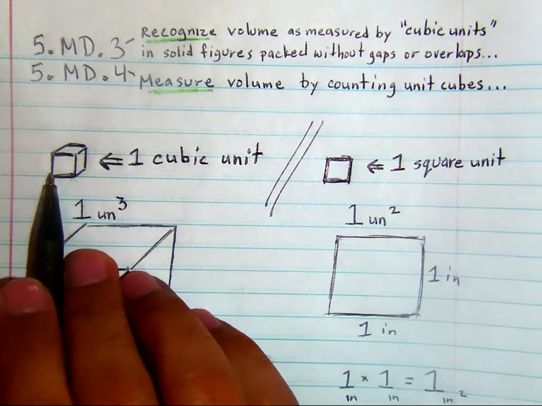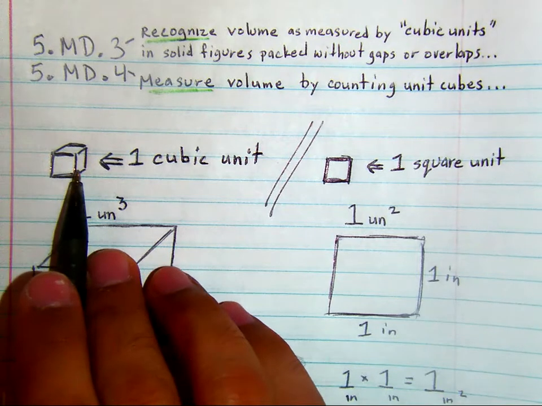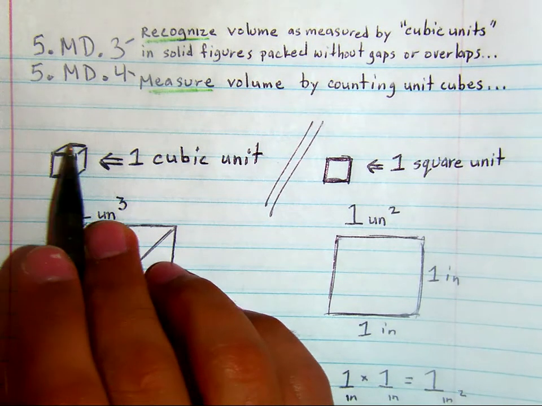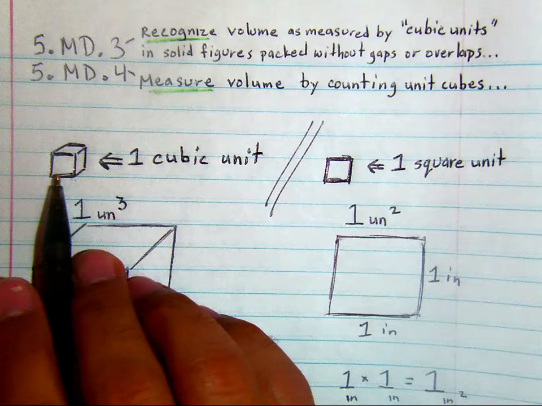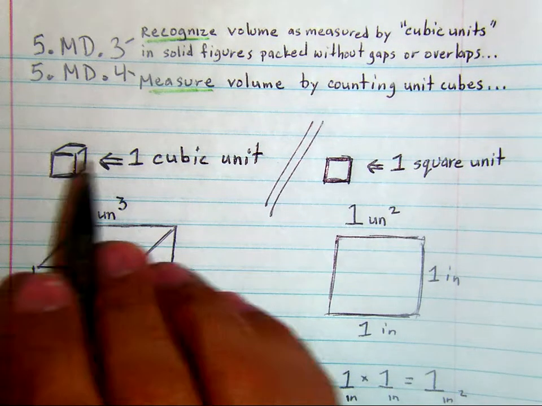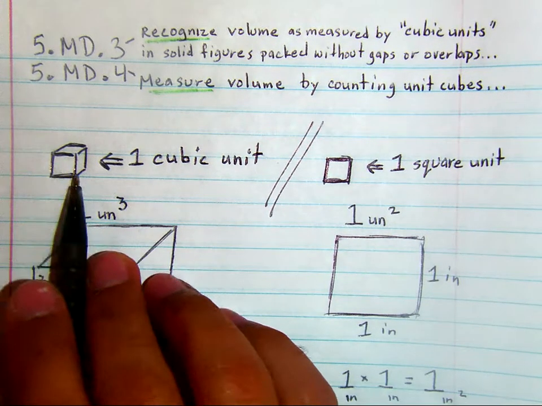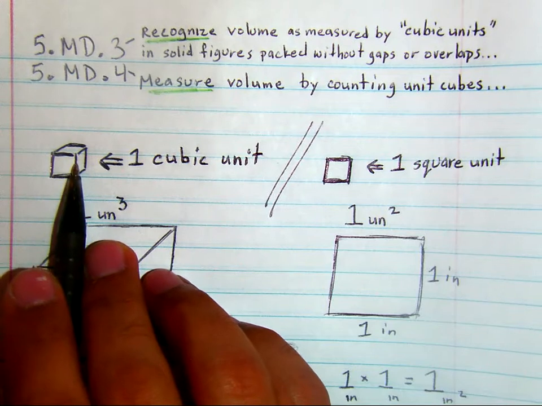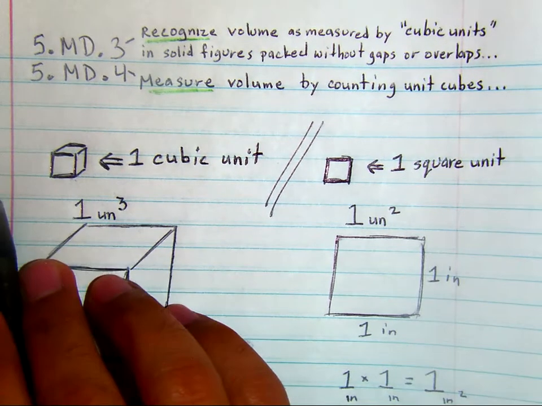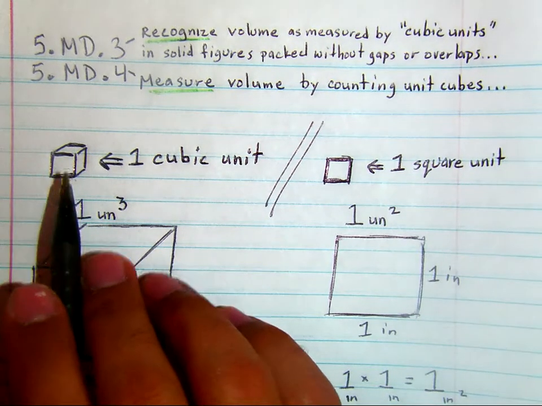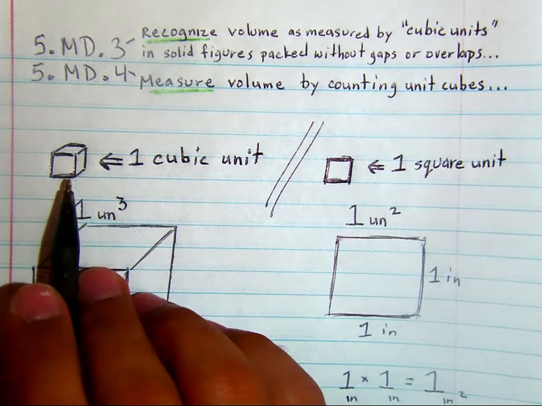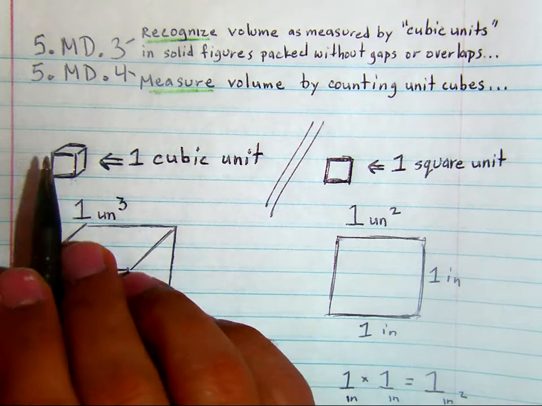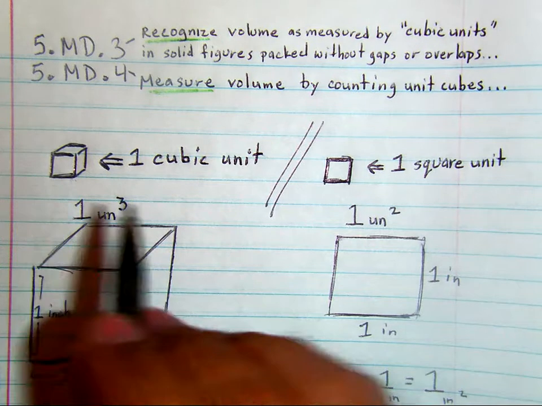This little drawing of a cube is one individual cube, and it's a unit. It's one cubic unit, and you can count units. You can count cubes, but this is particularly called a cubic unit because we're not counting cubes.